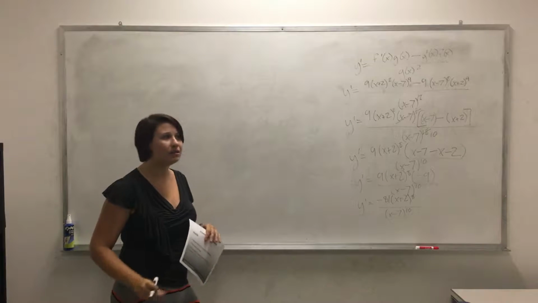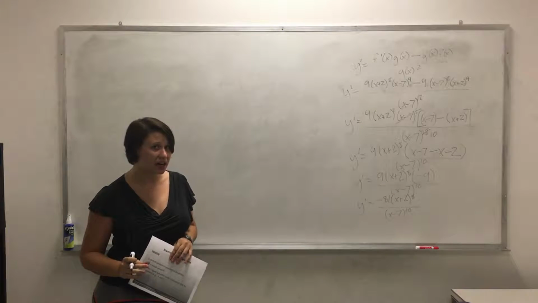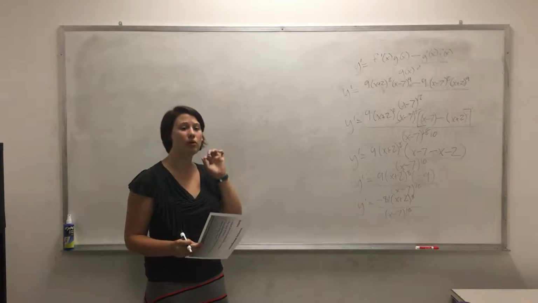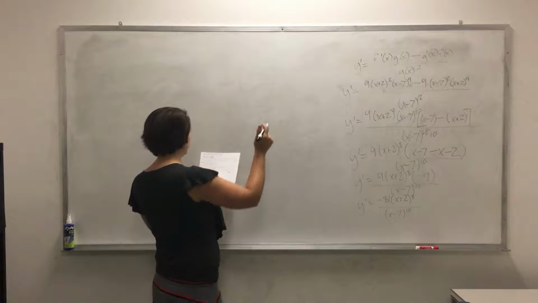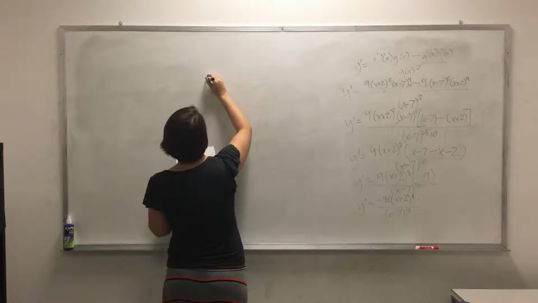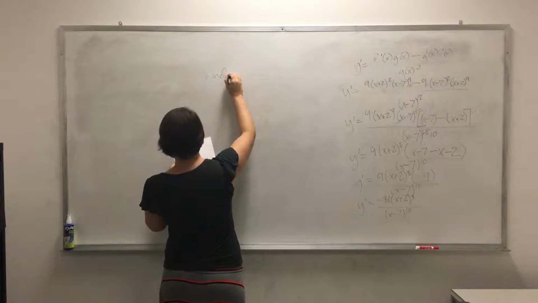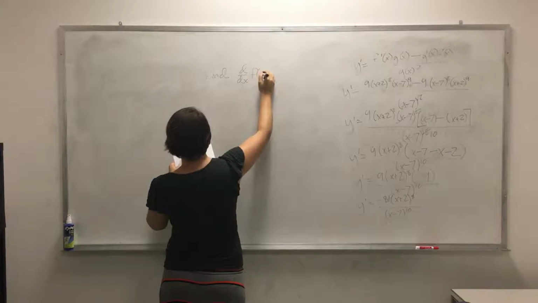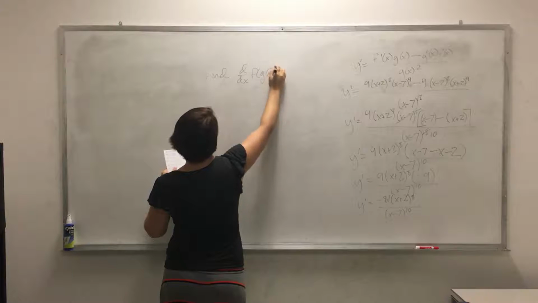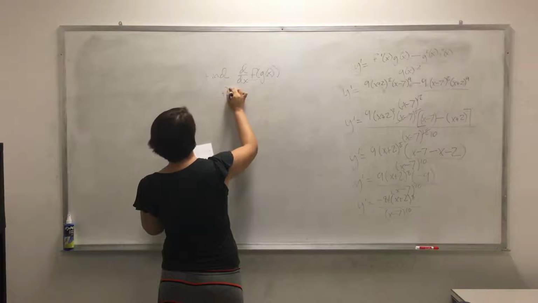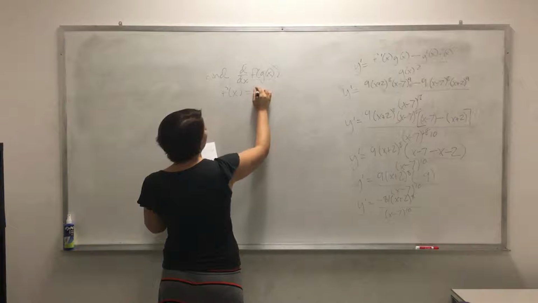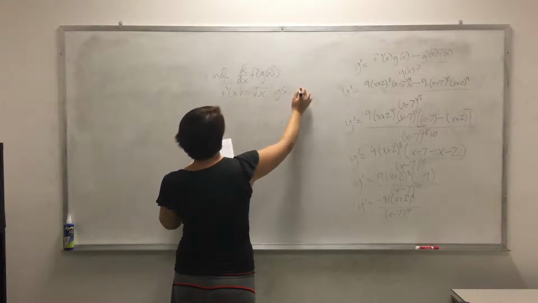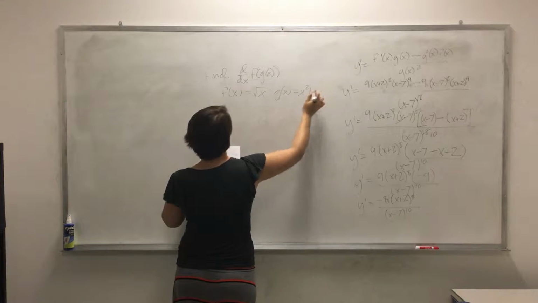Okay, so then that moves us on to the next section, 3.2. In 3.2, we talked about the chain rule. So the problem that we'll do for this is we're asked to find d/dx of f of g of x, where f of x is given as the square root of x and g of x is given as x squared plus 5.